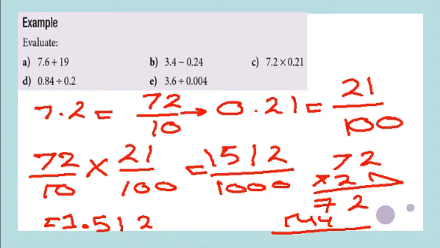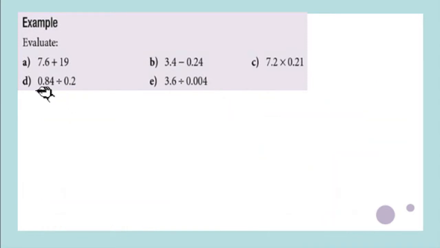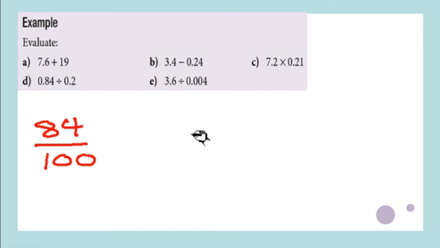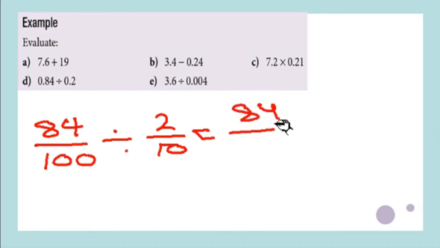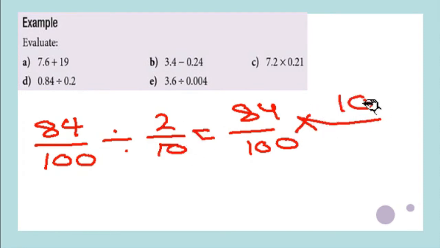Let's take number D. Number D says 0.84 divided by 0.2. I can put it like this: 84 over 100 divided by 2 over 10. We replace the fraction by multiplying by 10 over 2.